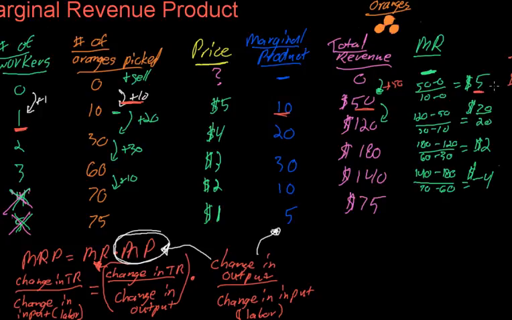So for the second worker, we're going to have 70 over 20 times 20. And you know what? I'm going to keep on mixing up colors here just to make this really clear. We're going to have 20 times 70 over 20, which is $70.